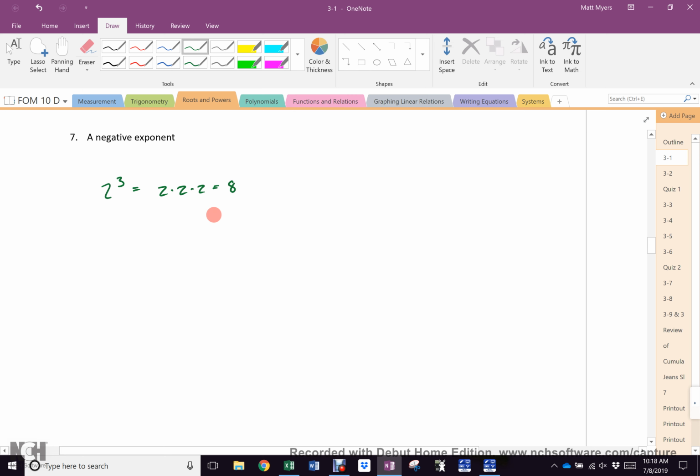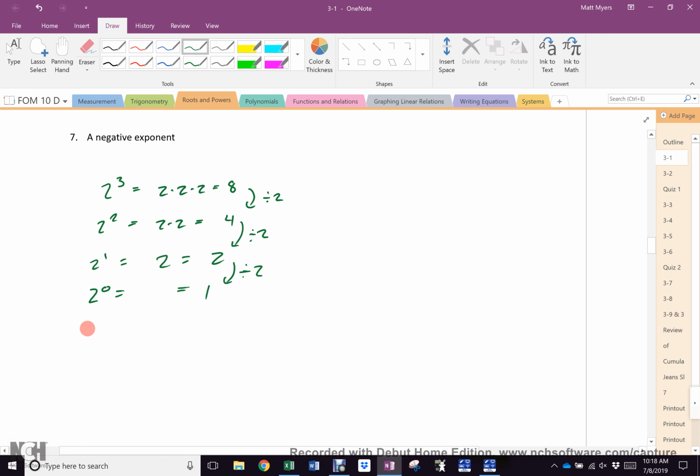What's logically the next row? 2 squared, 2 times 2, 4. Because at every row I divide by 2, right? Because I've removed one of the 2's from the multiply. And what removes multiplication? Division. Logically, next exponent, 2 to the 1, 2, divide by 2, right? Logically, next exponent, 2 to the 0 equals 1, because I divide by 2.